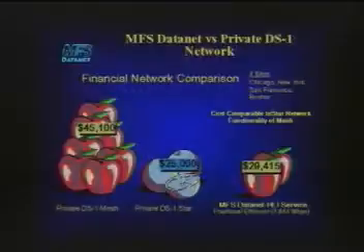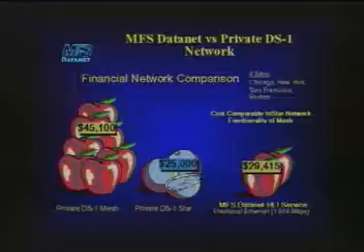When you look at that from a cost perspective, and you build a network on private T1s versus buying an HLI service at 1.5 megabits, you end up with an apples to oranges comparison that's pretty dramatic. Essentially, you can buy a service from MFS Datanet that runs at 1.5 megabits that has LAN-like functionality between 4 cities for just a little bit more than you could build a star T1 backbone.